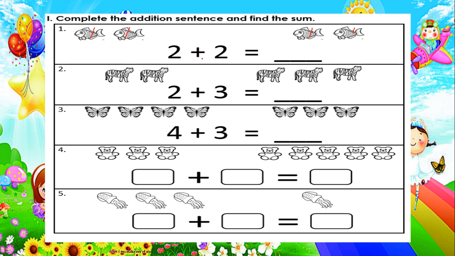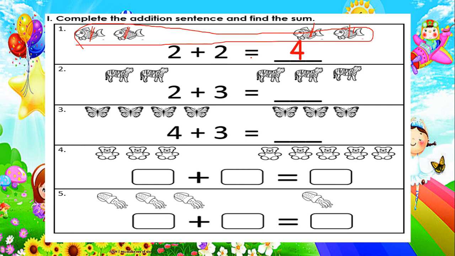So 2 plus 2, it means you need to put all these things together. It means you need to count all. So you have 1, 2, 3, 4. Okay, so 2 plus 2 equals 4. Okay, so you need to write number 4 on this line.